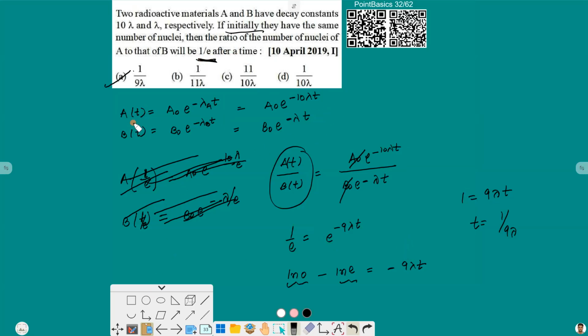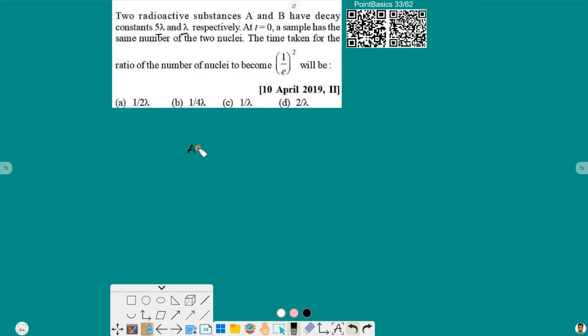So using the same equation, I can write that A_t by B_t will be equal to A node e raised to power decay constant for A, that is 5 lambda, so minus 5 lambda t, and for B it will be B node e raised to power minus lambda t. So A node, B node are equal, they get cancelled. This ratio is 1 by e square.